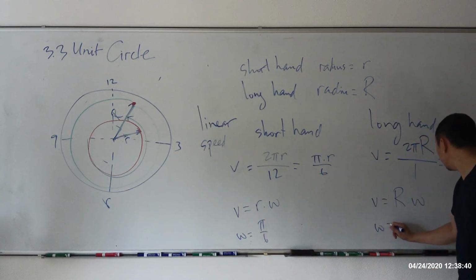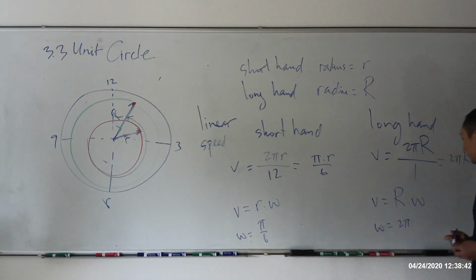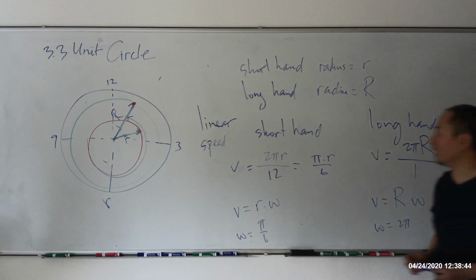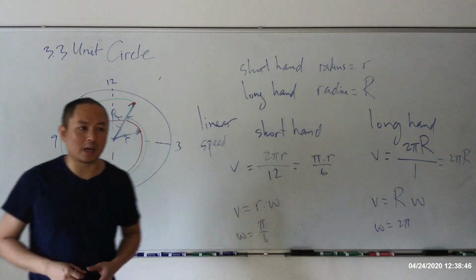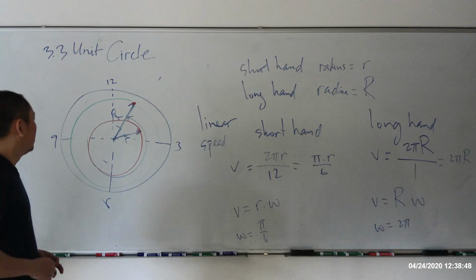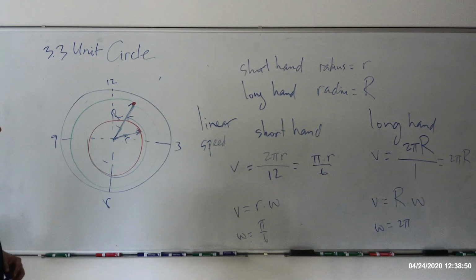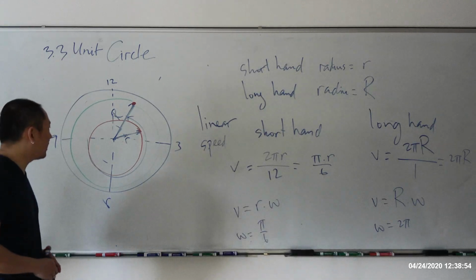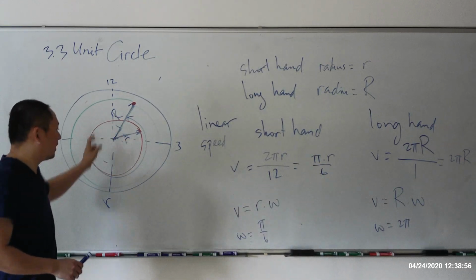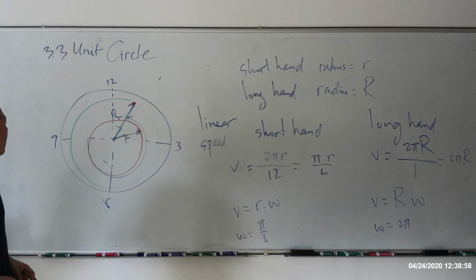This omega here is 2 pi. Alright, and this is just an application of the unit circle, any circle in general, using the radius, the length, and the angle to measure the linear speed and the angular speed of any object moving.